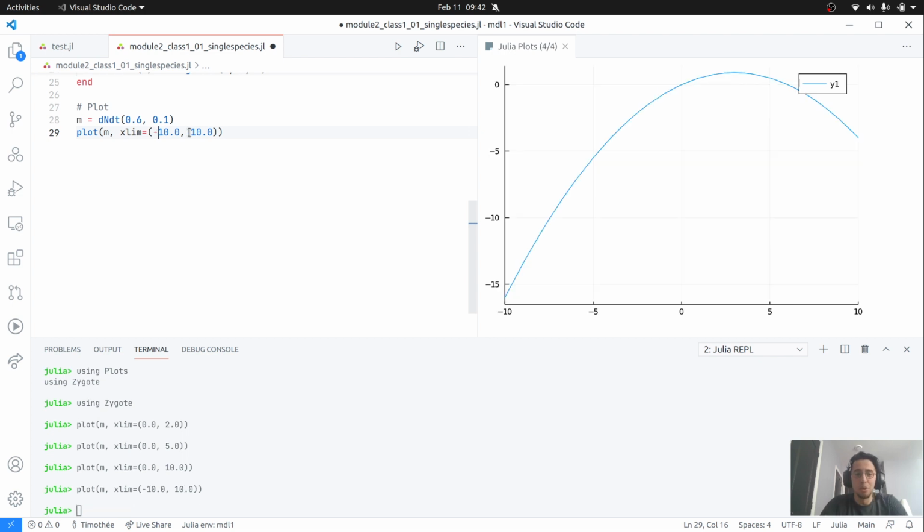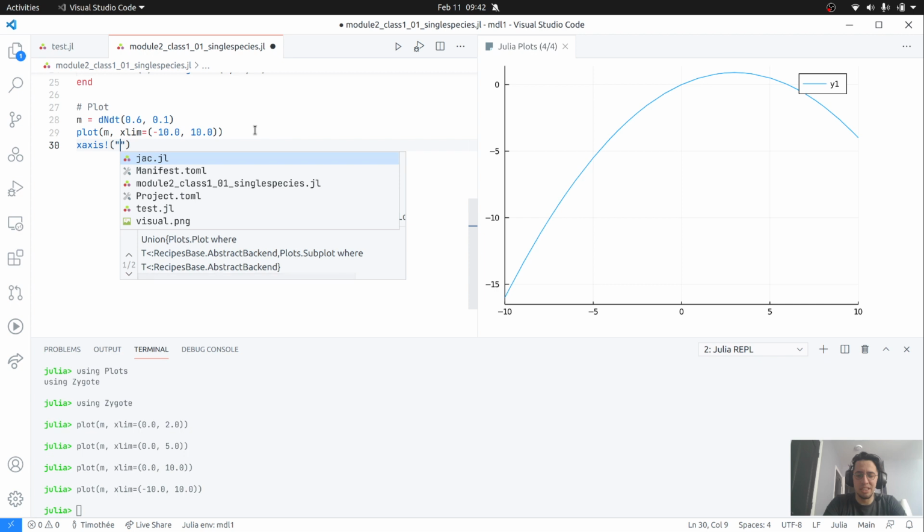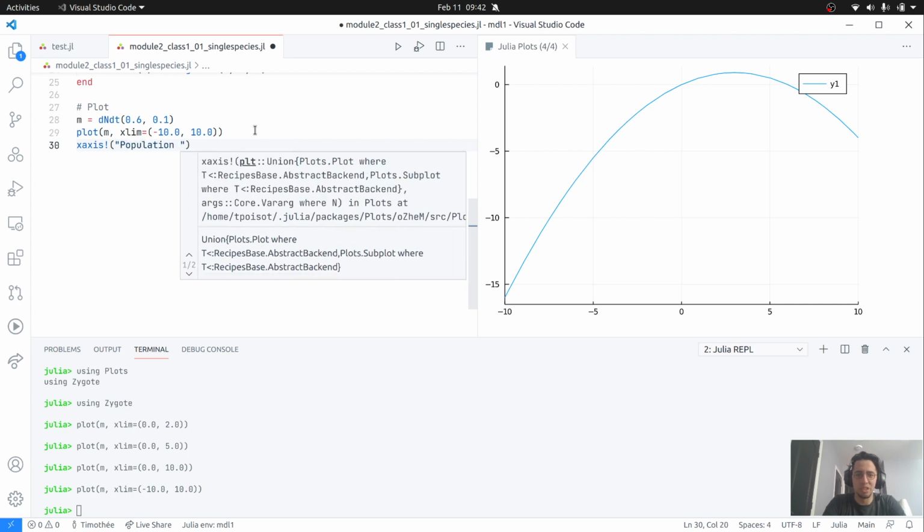Okay, so I've done a plot between -10 and 10, and the first thing that we want to see is that it is intercepting 0 at some point. So let's do a small number of things. I'm going to be giving correct labels to this plot.